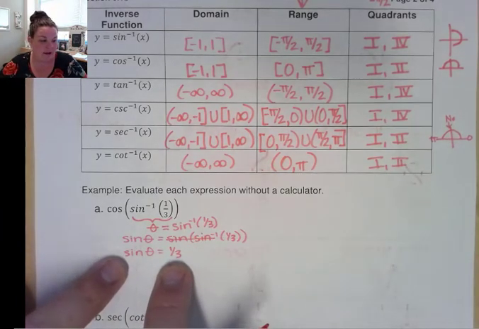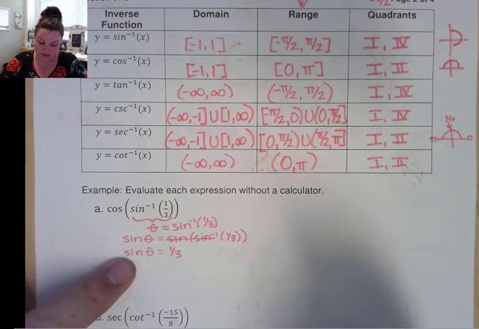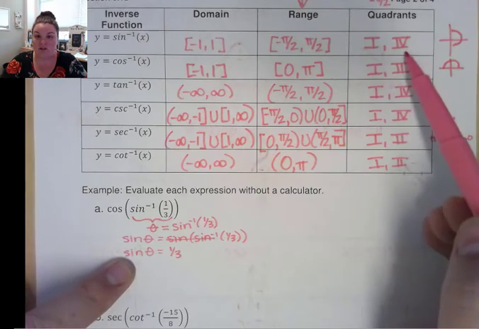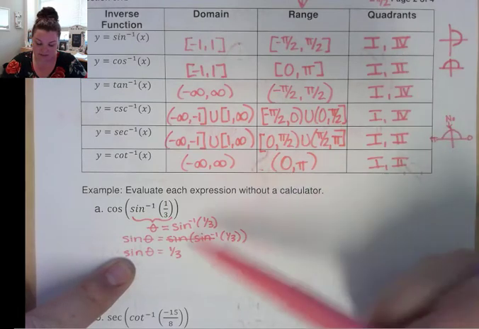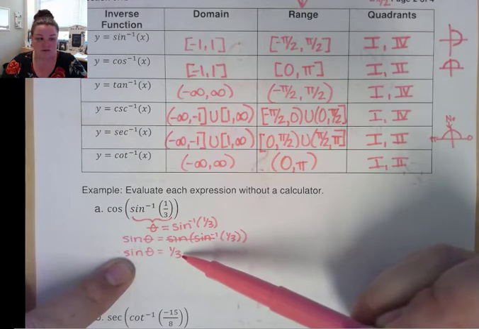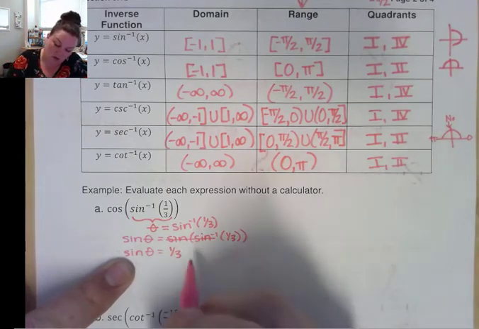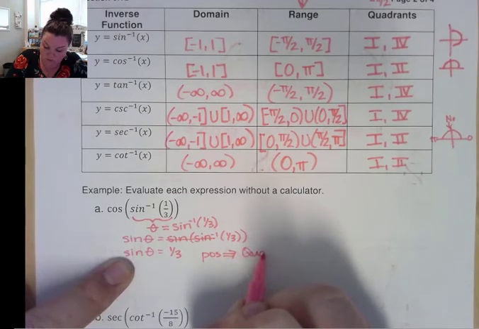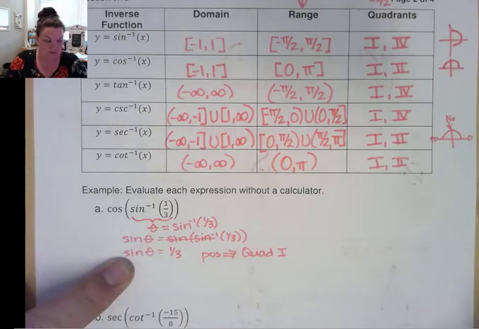Since we're talking about sine inverse, it is either going to be in quadrant 1 or quadrant 2, and because our sine value is positive, we know that it has to be in quadrant 1.